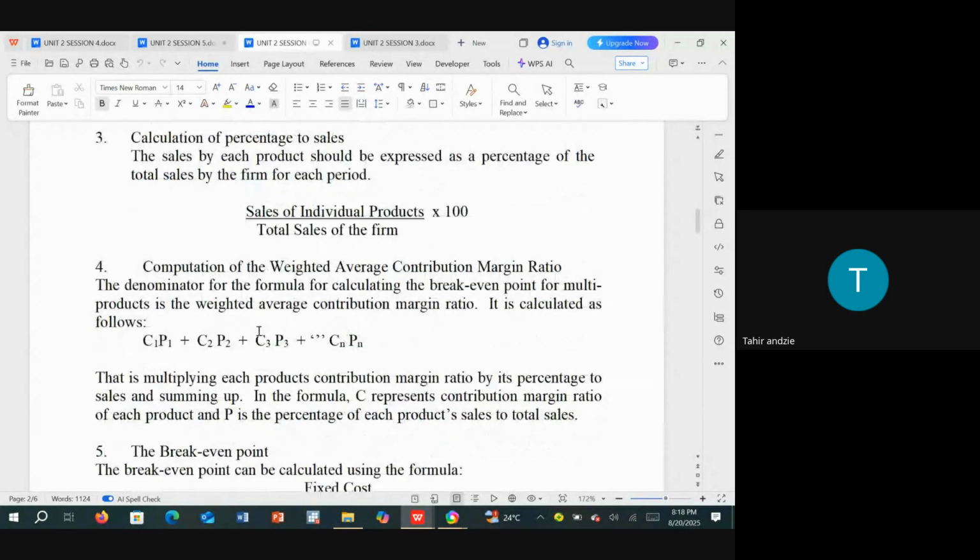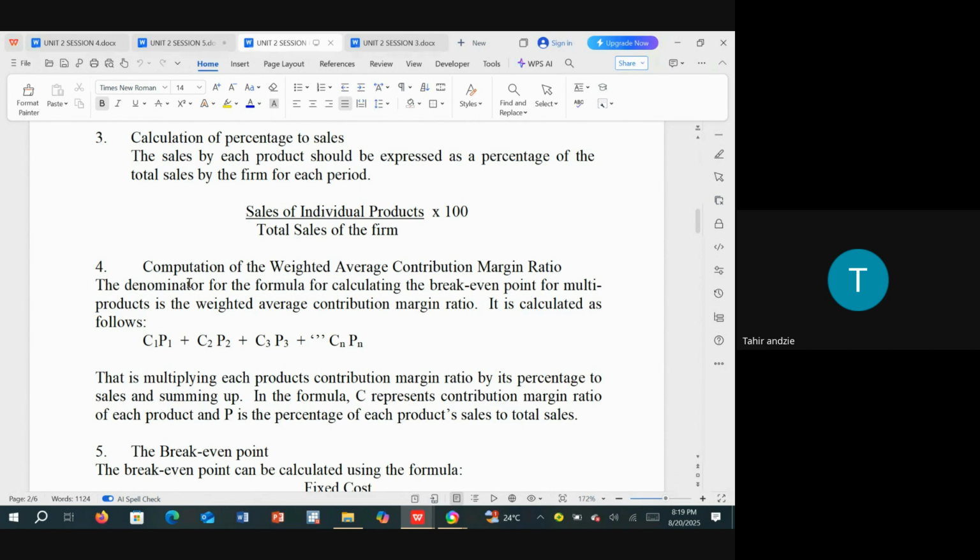Then the next computation, which is the fourth computation, is what is going to give us the weighted average contribution margin ratio. And that is what is going to be the divisor for the break-even formula. You know, the break-even formula is fixed cost over contribution margin ratio. But the contribution margin ratio in the multi-product approach is supposed to be the weighted average contribution margin ratio.